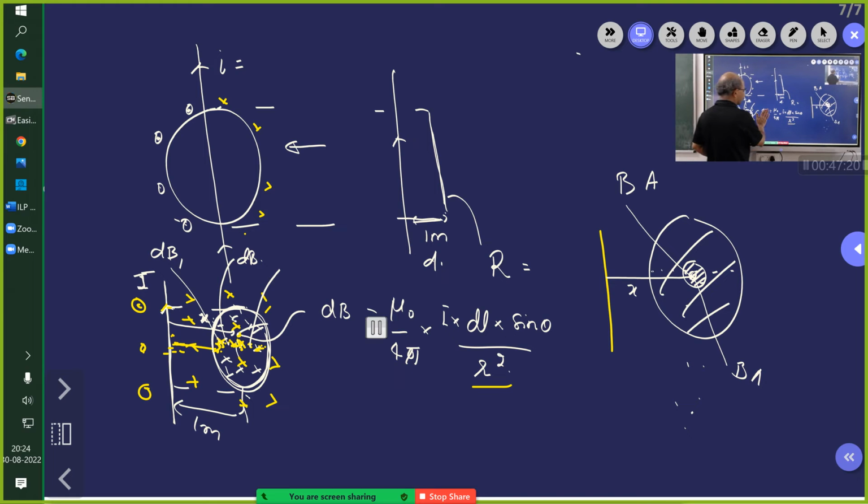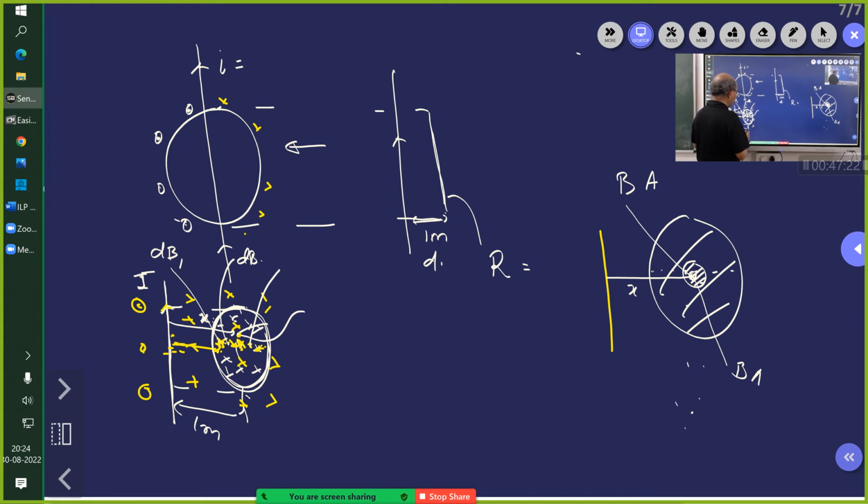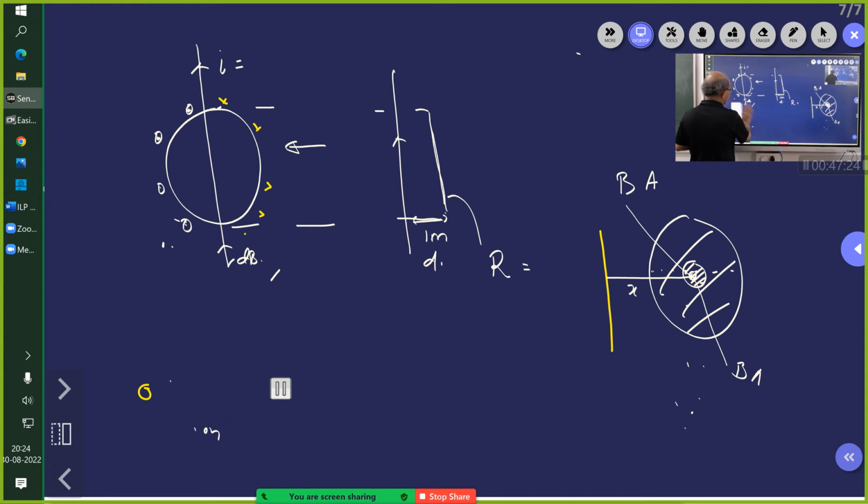So my job is very simple. I have the conductor here, and I have a small circular loop. At this center, take the distance D as 1 meter.